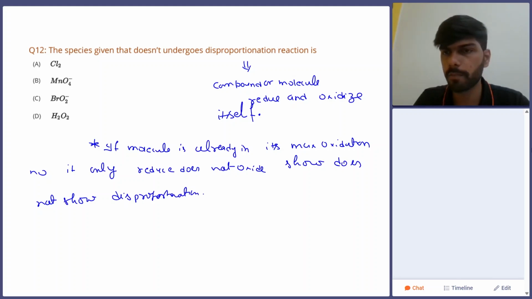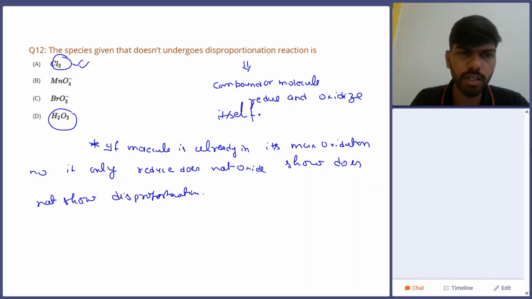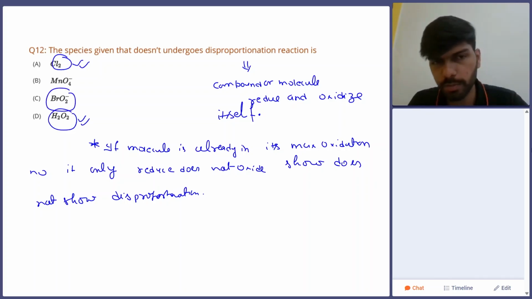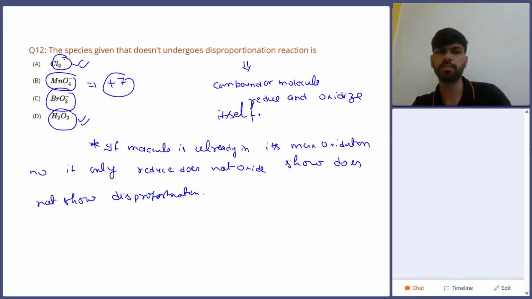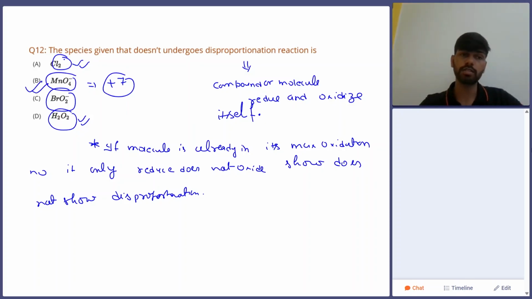Are you getting my point? Now Cl2 is 0, so definitely it will undergo disproportionation. H2O2 will also show disproportionation. BrO2 minus will also show disproportionation. It can reduce, it can oxidize. But in MnO4 minus, the oxidation number of manganese is +7, so it is already in its maximum oxidation number. That's why it is not able to oxidize. It can only reduce, so it does not show disproportionation.